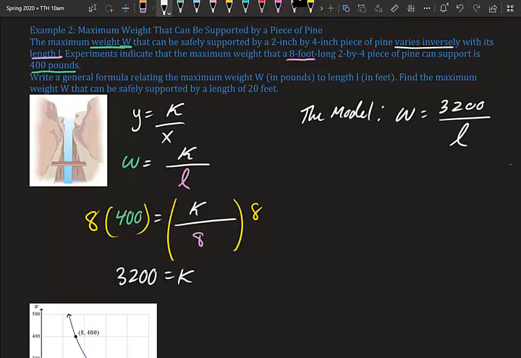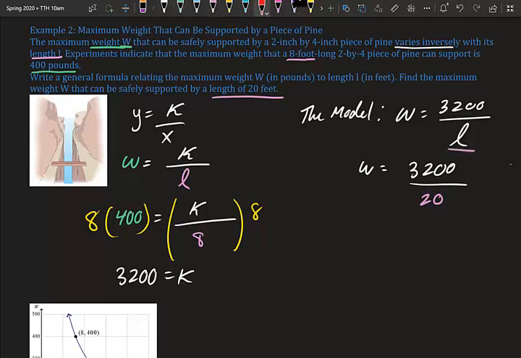So now that we wrote the formula, let's find the maximum weight. Let's find the weight if the length of the wood is 20 feet. So we have our length of 20, our weight we don't know, we're trying to find it.